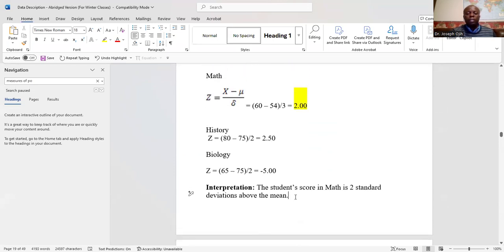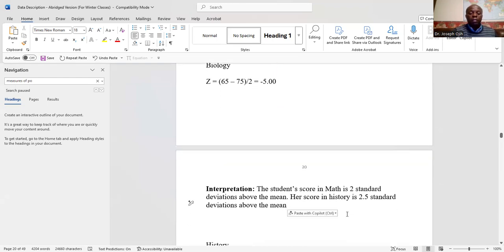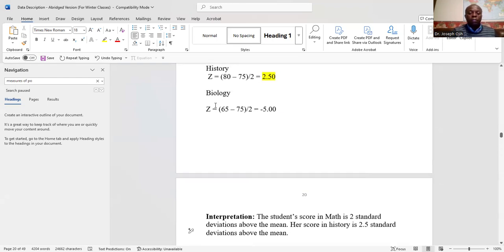Her score in history is positive, 2.5 standard deviations above the mean. So both of them are above average. But her score in biology is negative, which means it's below average.